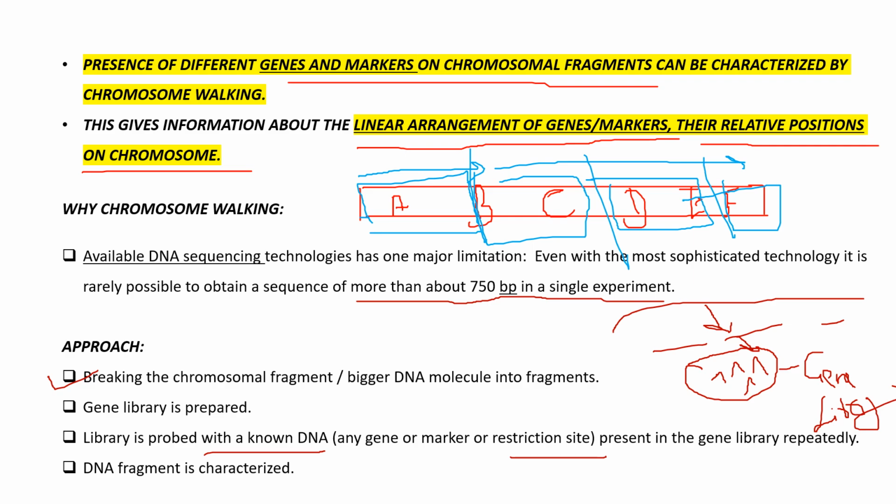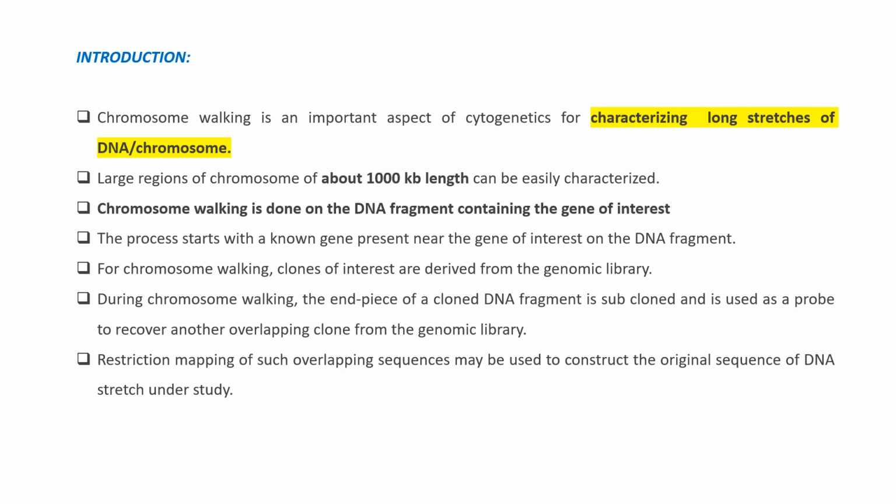This also gives you the linear order of different genes and DNA markers on the original or parental chromosome. So now this is clear that chromosome walking is used for characterizing long stretches of a chromosomal fragment. This technique can characterize a DNA fragment or chromosomal fragment of about 1000 kilobase pairs in length.